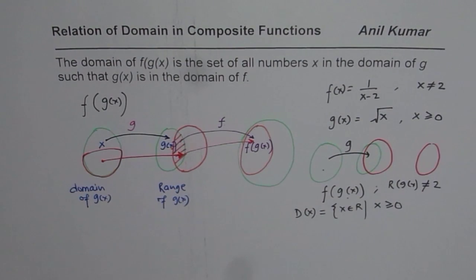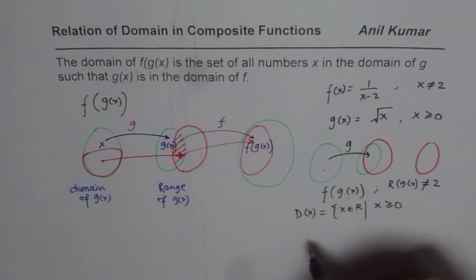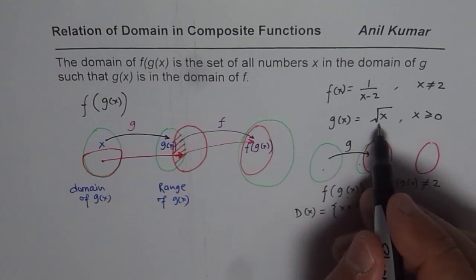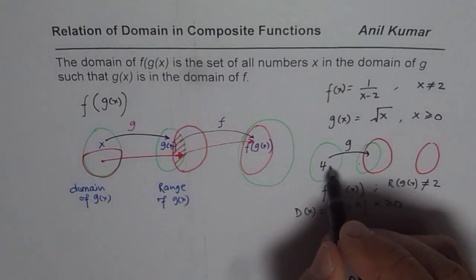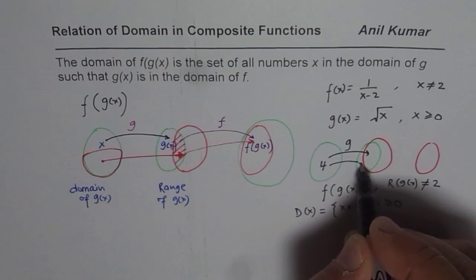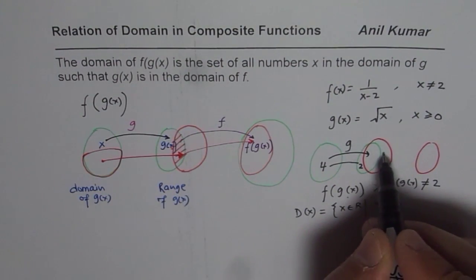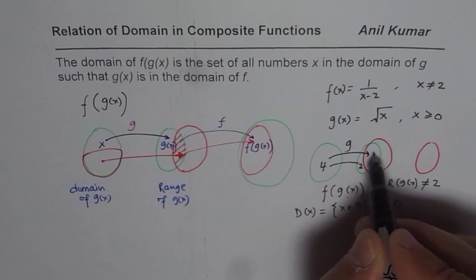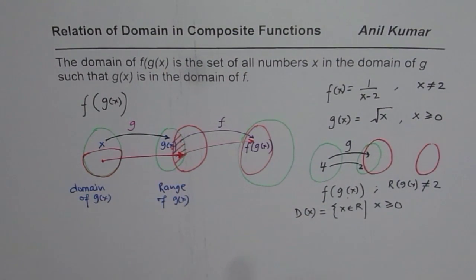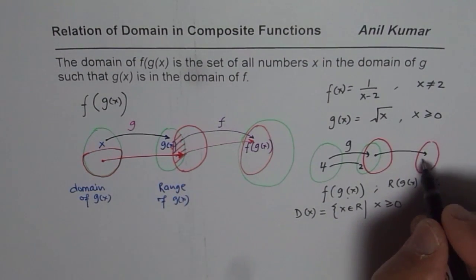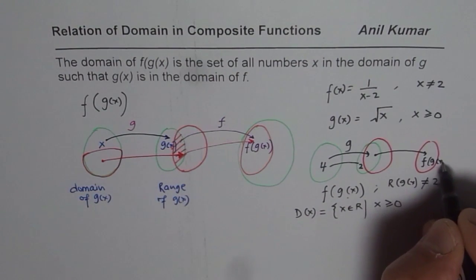Do you get the idea? If the range is positive 2, for example, in this case the square root of 4 is positive 2, this cannot be processed by f of x, right? So the common outputs which can be processed result in the composite function f of g of x. Do you understand?